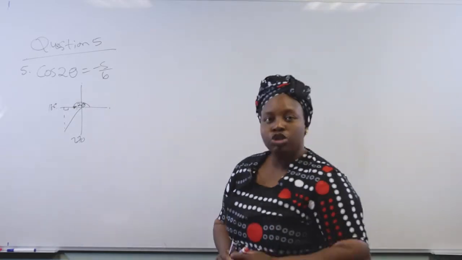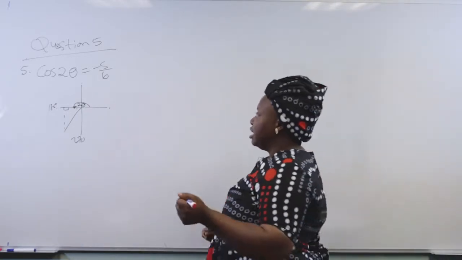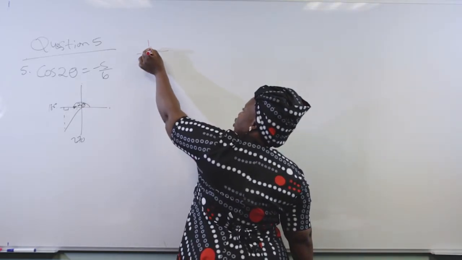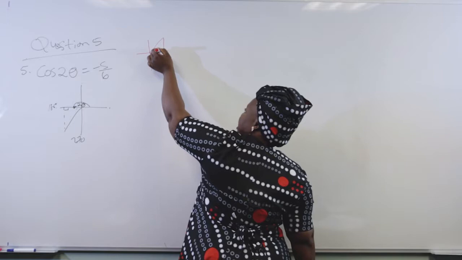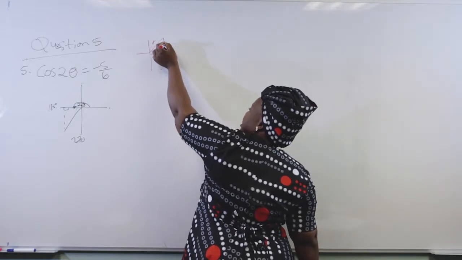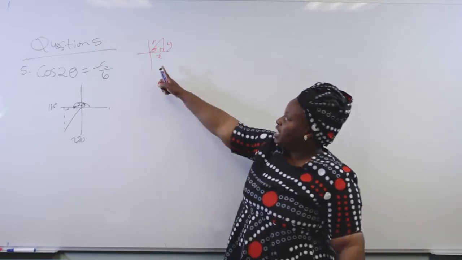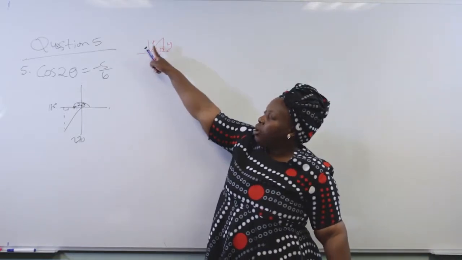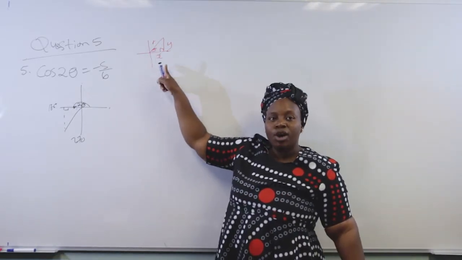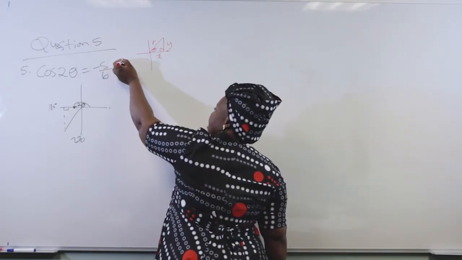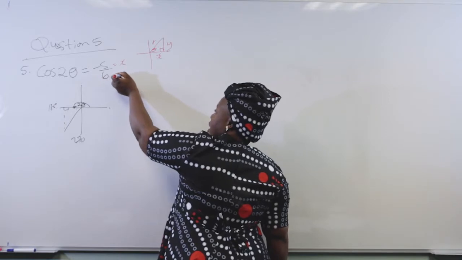Now, go back to our basics. Remember that if you had a Cartesian plane with a right-angled triangle with r, x, and y, where this is theta, your cos of theta will be adjacent over hypotenuse, meaning it's x over r. That means that negative 5 represents your x, while 6 represents your r.